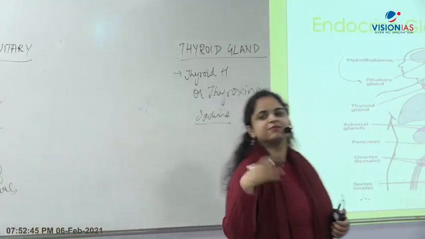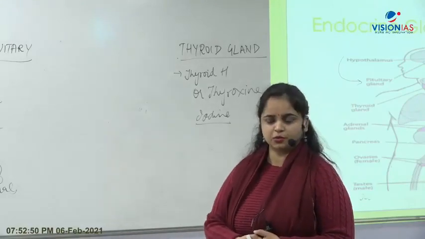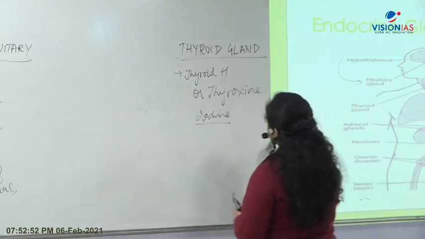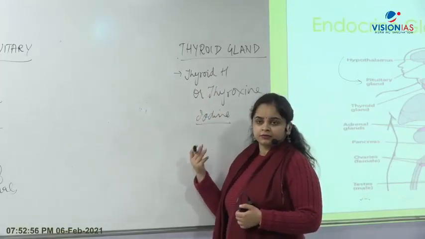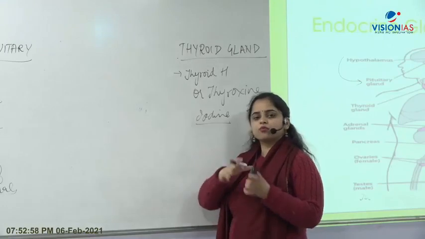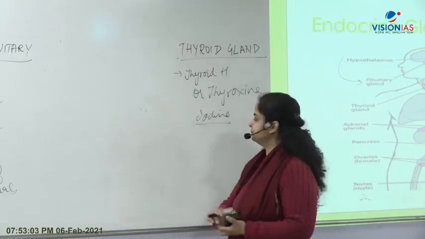Metabolism just means their breakdown, their utilization, their processing which happens in the body. If this hormone is not there in normal amounts, the whole processing or management or metabolism of your nutrients will be disturbed.